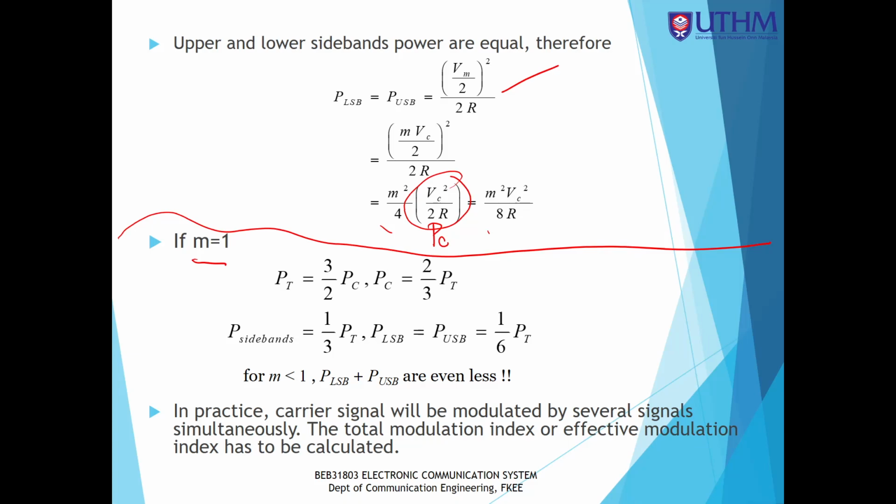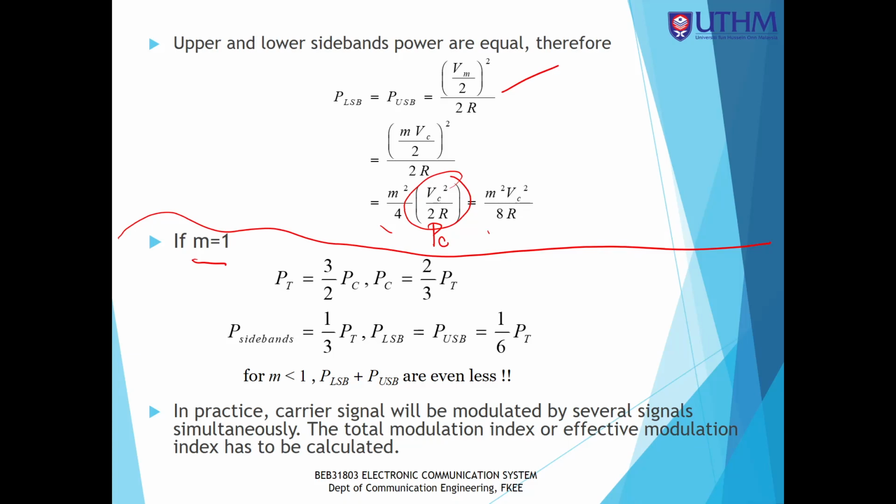So based on this slide, as I mentioned previously, information is only contained in the upper sideband and lower sideband, whereas the carrier does not carry any information.